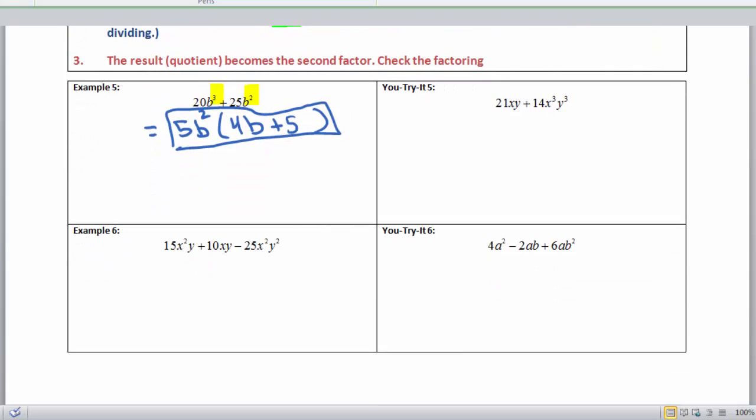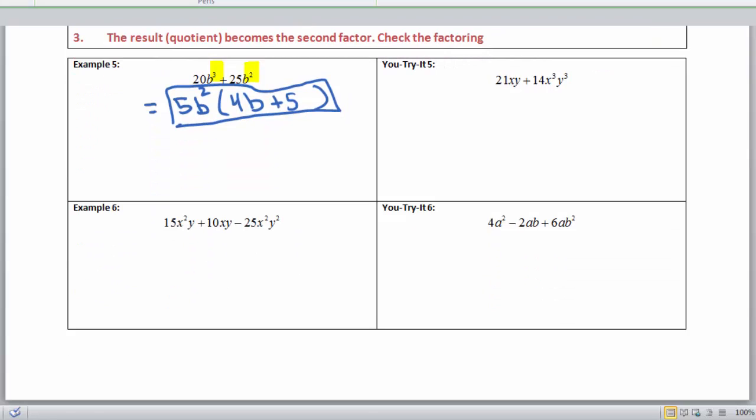Okay, and then I'm going to do the same thing in example 6, the difference being I have 3 terms now. So I still have to treat it in steps though, right? In this case, it's 3 steps: the numbers, the x's, and the y's. So remember what we did. What's the biggest number that will divide into 15, 10, and 25? Again, in this case, it's 5, right? So 5 will go into 15, 10, and 25.